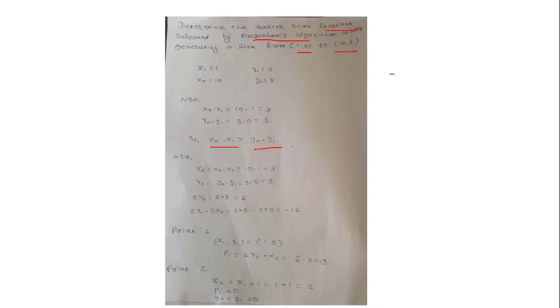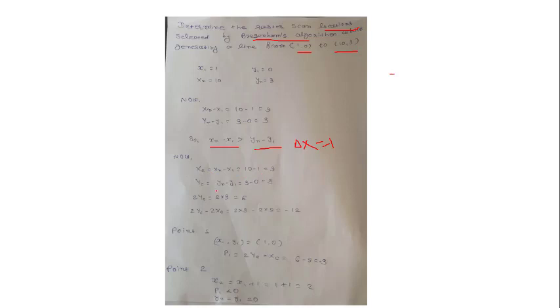So in all our points we will consider delta x is equal to 1. So we will increment 1 in our x direction, and for the y direction we will use the decision variable, whether it is positive or negative.